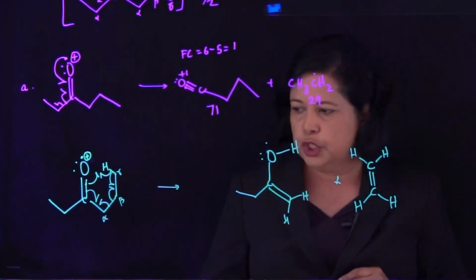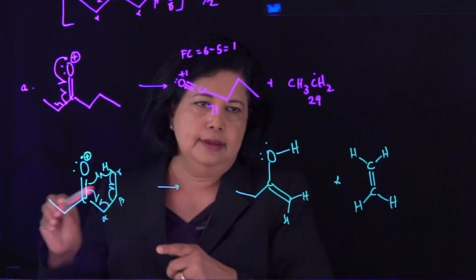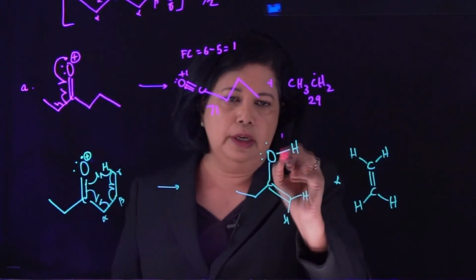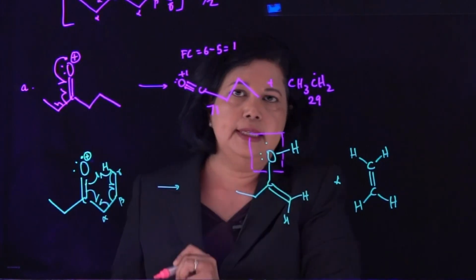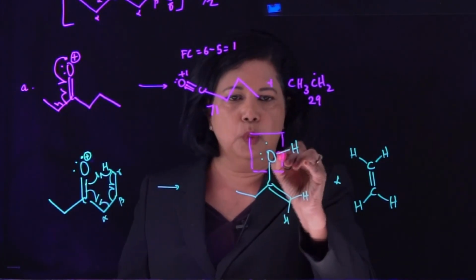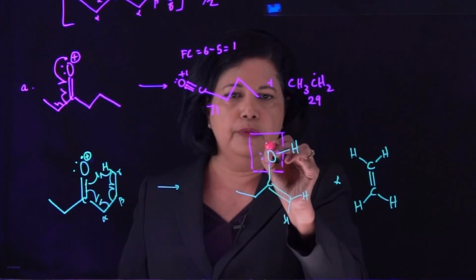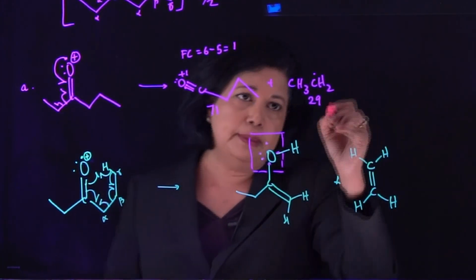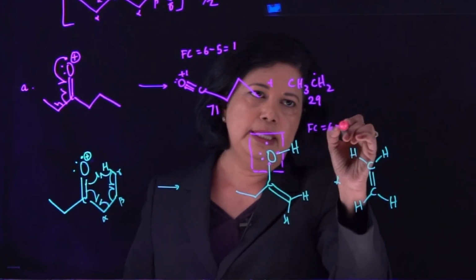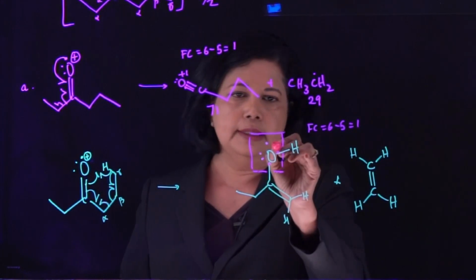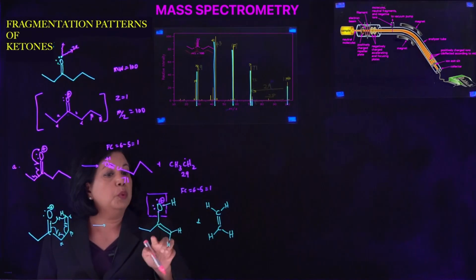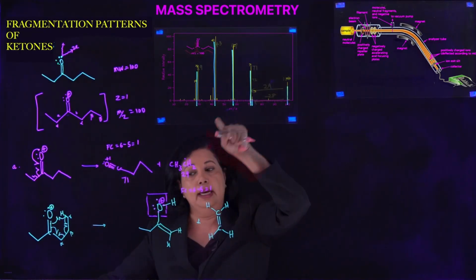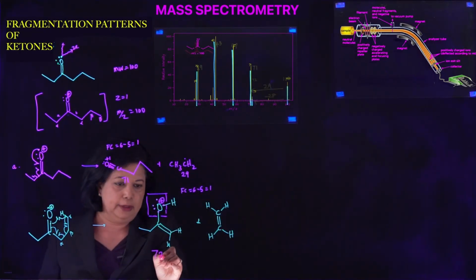Let's look at the formal charge of that oxygen. We can't miss even an electron here. Everything's got to be accounted for. So what's inside the box? Let's count it out: 1, 2, 3, 4, 5. The periodic table says it's got to be 6. Therefore, there is a positive charge. So this is your radical cation, which is then going to hit that detector and give you a 72 peak here.